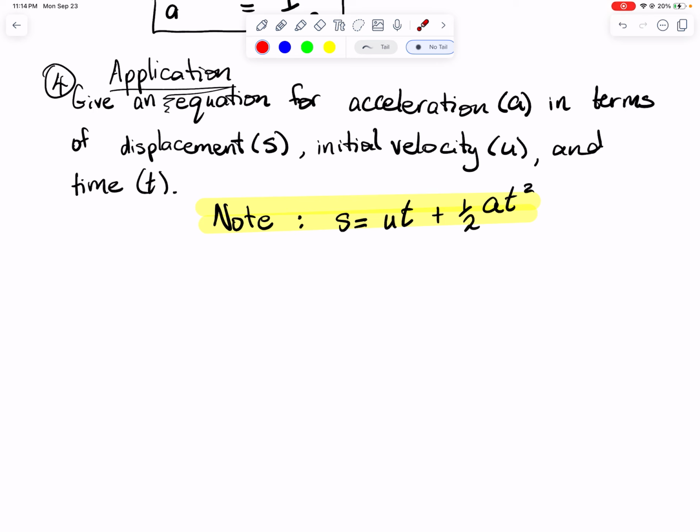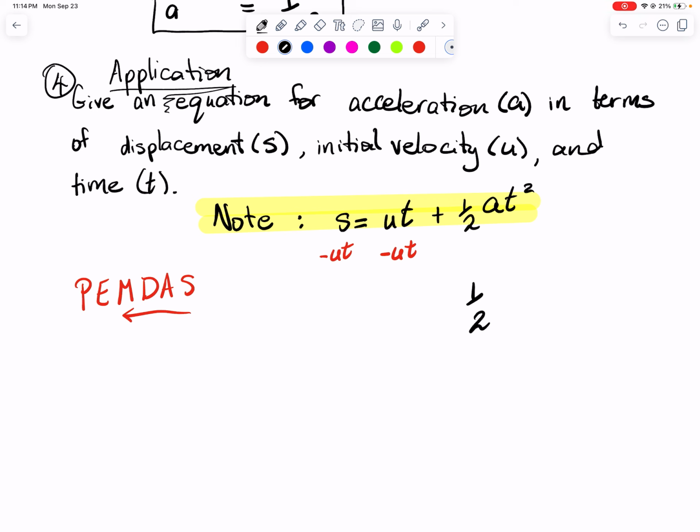And so the first thing is, again, thinking of PEMDAS, you're going to go in the opposite order of PEMDAS. So you're doing subtraction or addition first. So we're going to go ahead and take UT away from both sides. On the right side, we get a half AT squared is equal to S minus UT. All right, so now this fraction kind of looks annoying.